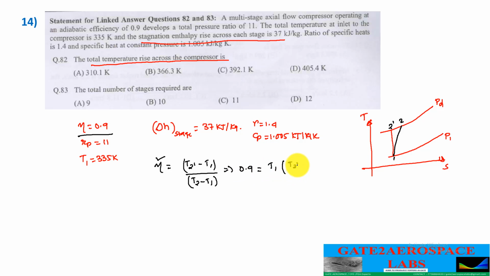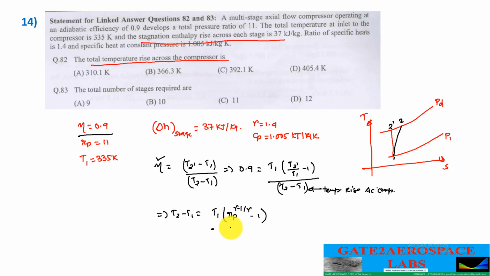You can take T1 common. This T2 minus T1 is the actual temperature rise across the compressor, and it will be equal to T1 into (T2 dash by T1 minus 1), where T2 dash by T1 is written as Rp to the power (gamma minus 1) by gamma, divided by this eta 0.9.